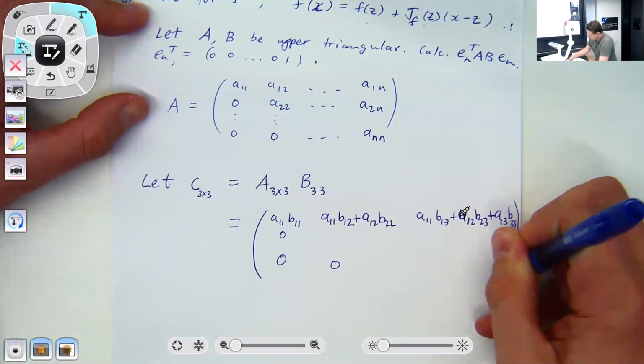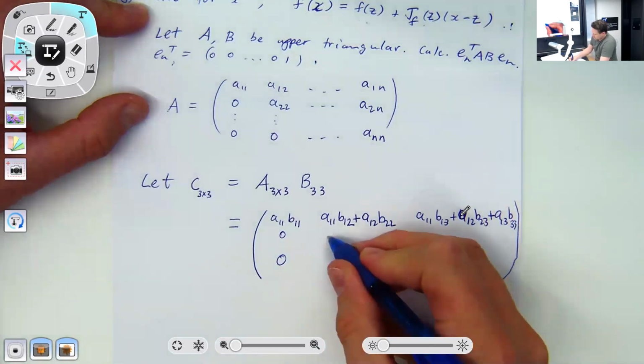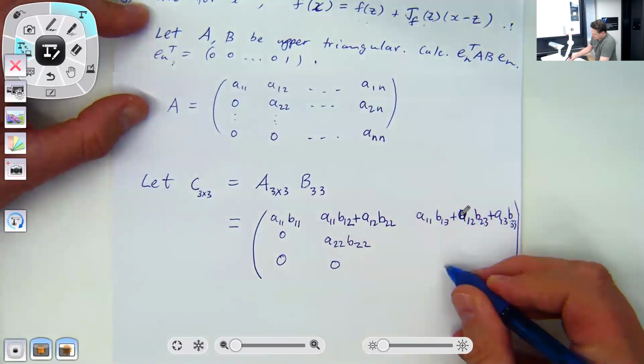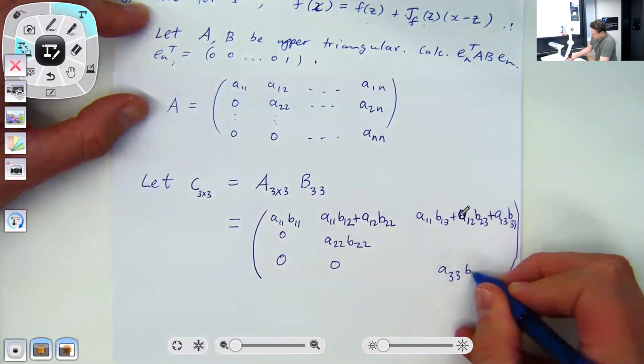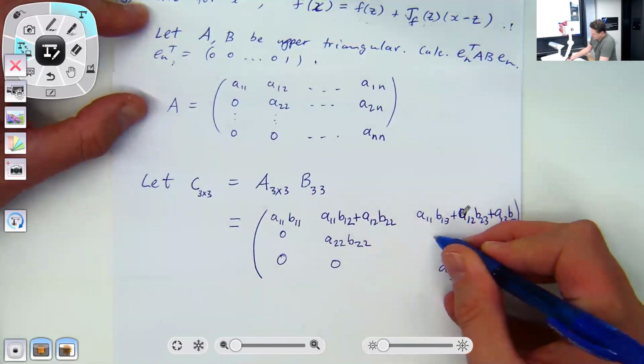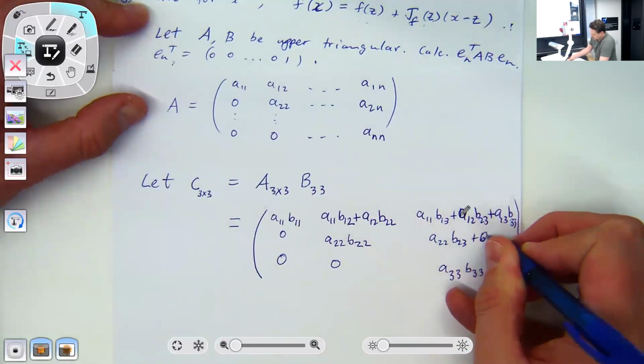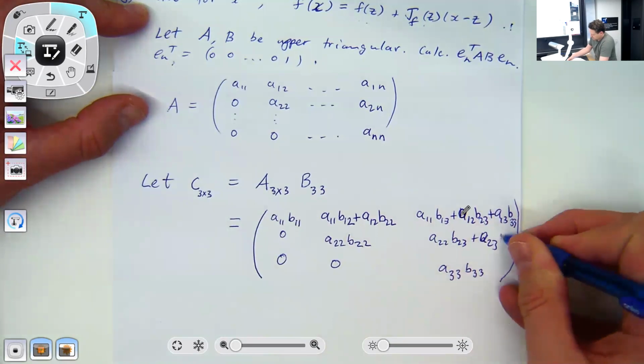That's our biggest entry there. In the middle, we have A22 B22. Down here, we have A33 B33. And here we have A22 B23 plus A23 B33.